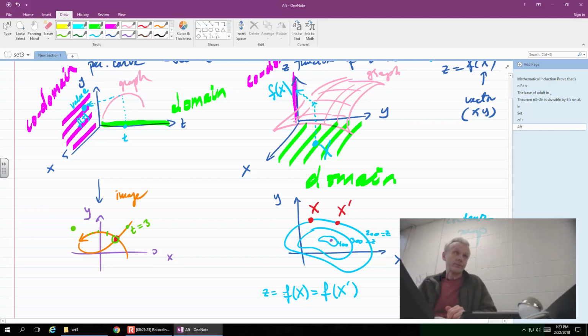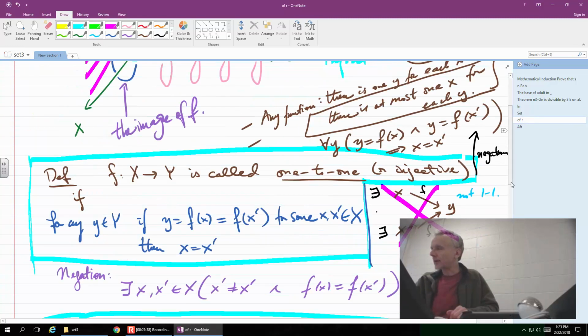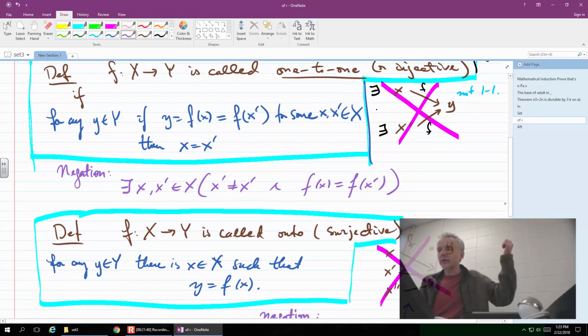Now, second question: the answer is no, not one-to-one. What about onto? Is it onto? I'm going to say yes. So back to the definition. Always, when in doubt, this is the definition. Onto: for every output, there is an input.